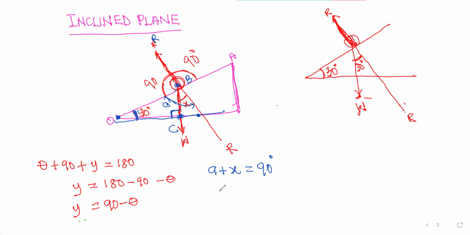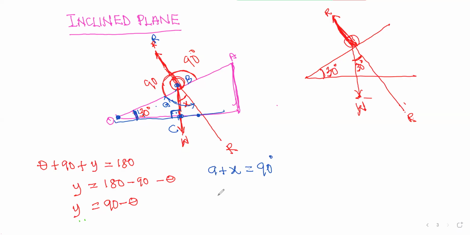Hubert? 60 degrees. Good. Because for a triangle, the sum of angles in it must be equal to 180. If this is 90, it means A and 30 must also sum up to 90, so that when we add that to 90, it will give us 180. So if this is 30, this must also be 60.